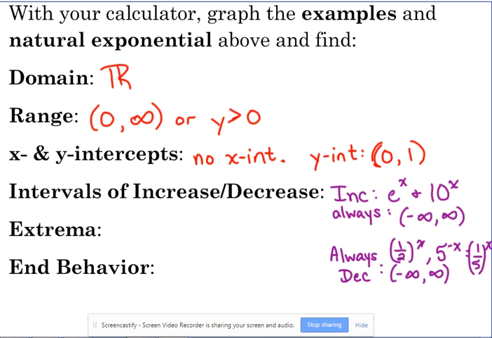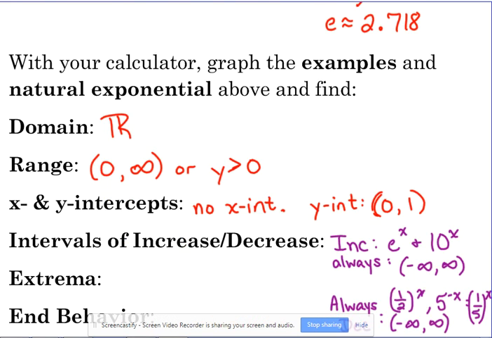So here's something we need to know about exponential functions. When our base is greater than 1, it's always going to be increasing. When the base is between 0 and 1, it's going to be always decreasing.